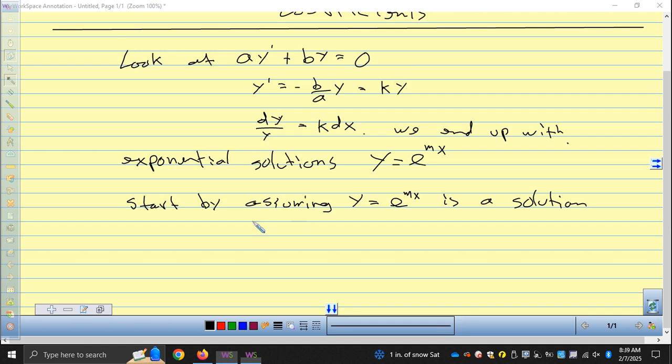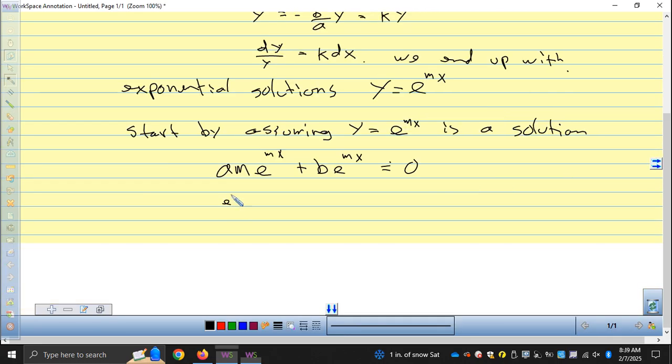We need that to equal 0. So we get a m e to the mx plus b e to the mx equals 0. And I can factor out that e to the mx, and we get a m plus b, and that has to equal 0.